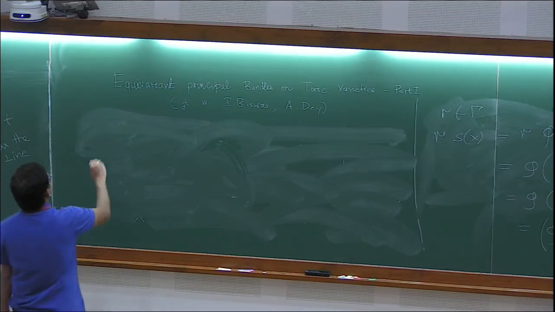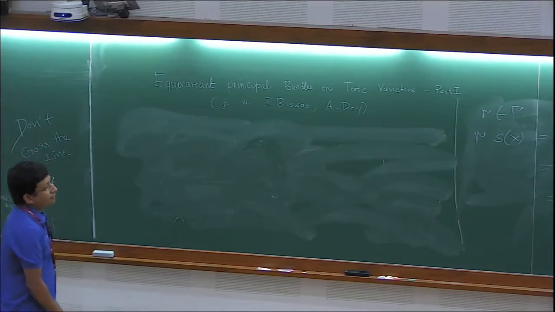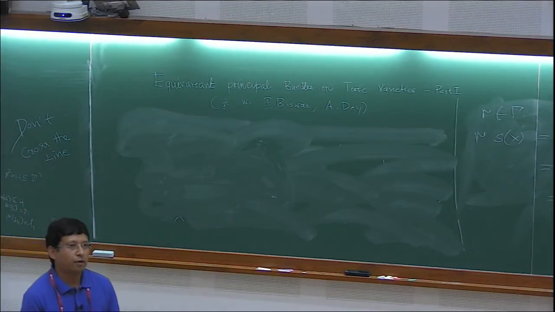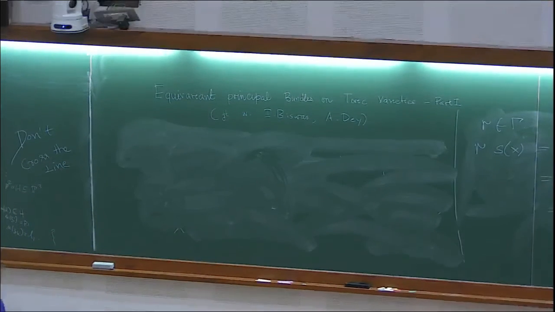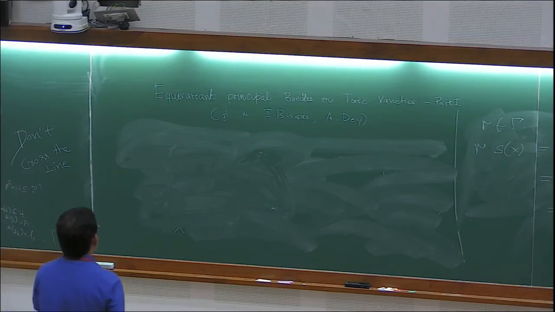So I'll state the result only for complete, in other words, compact toric varieties. If you want to do it in general, we have done it, but things become a bit more complicated. So I'll avoid that.